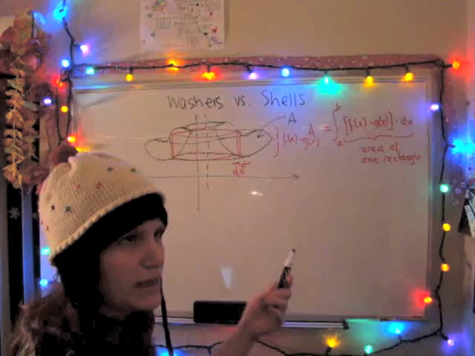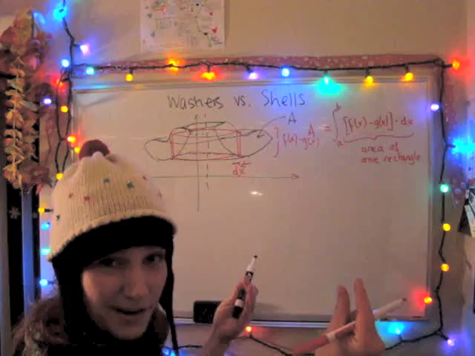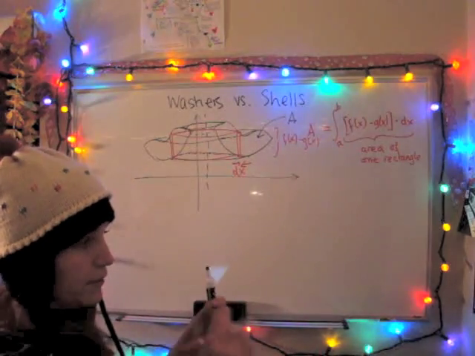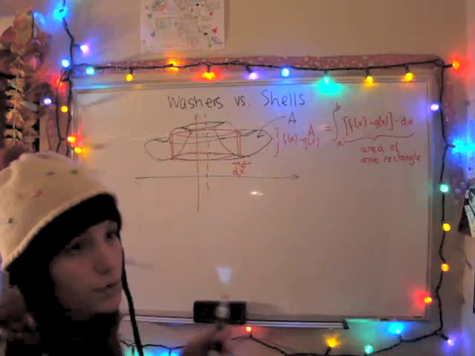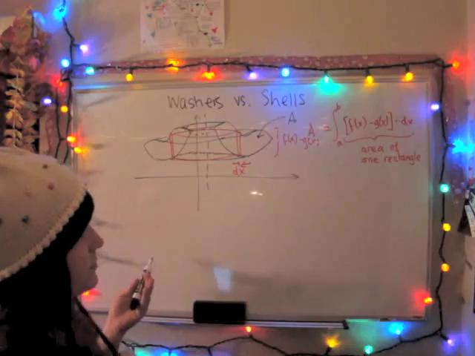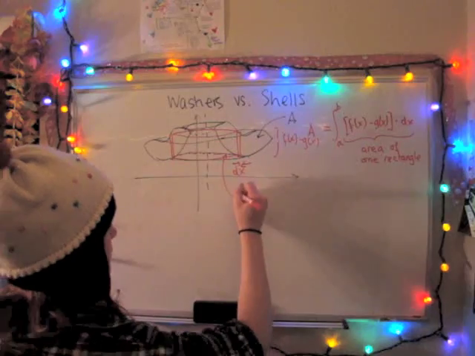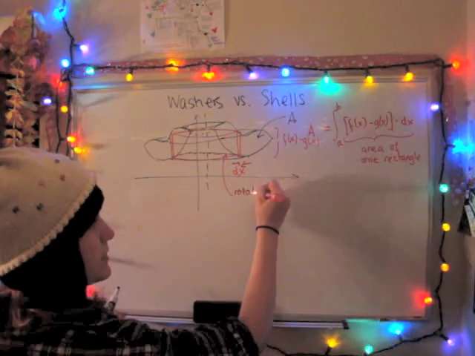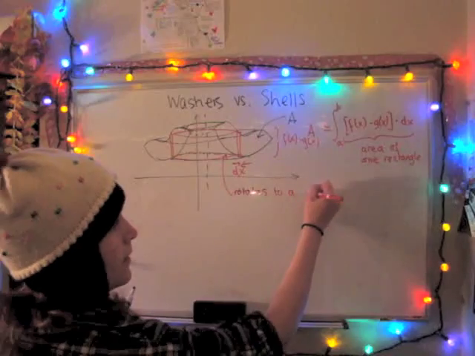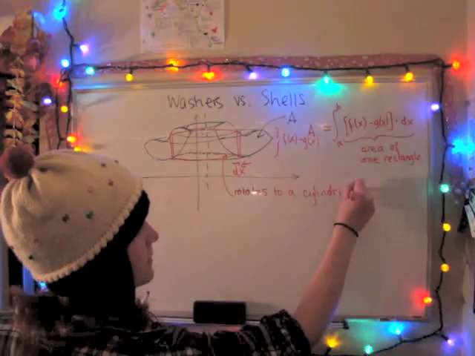And a cylindrical shell being something that is cylindrically shaped, but it's actually really, really thin. It's not got any real thickness to it at all. It's sort of like a rolled up piece of paper if you want to think of it that way. And so that's your cylindrical shell. And I guess that should clue you in that since this rotates to a cylindrical shell, then you would want to use cylindrical shells for this.